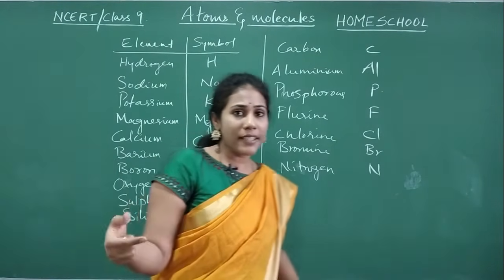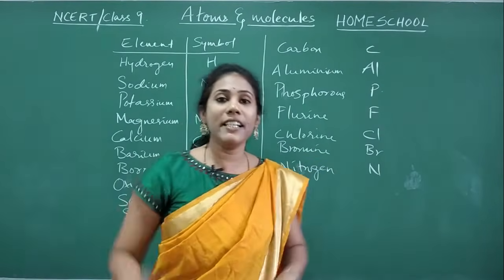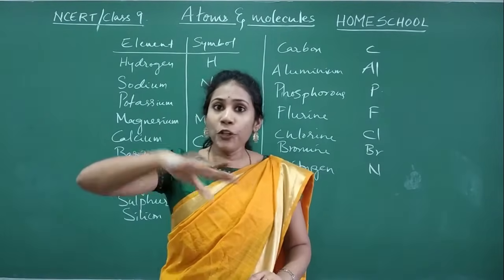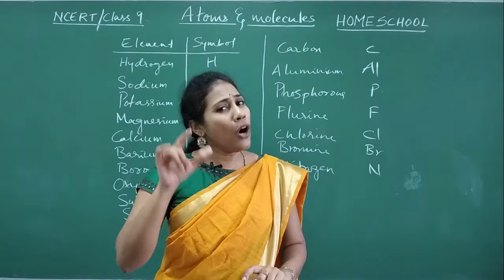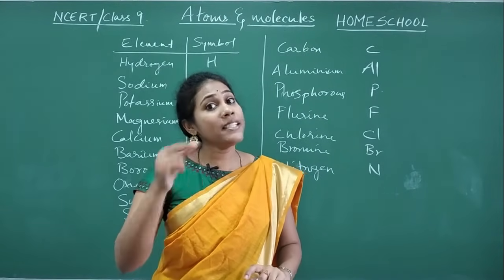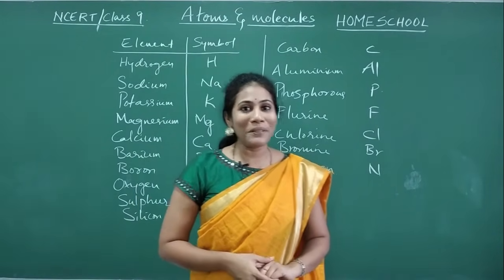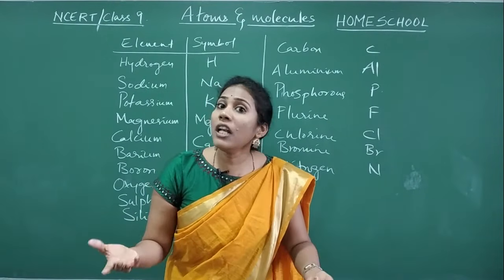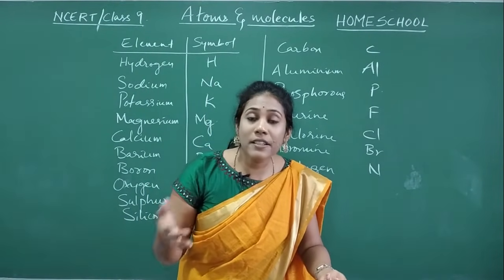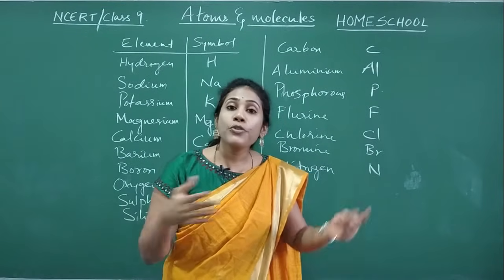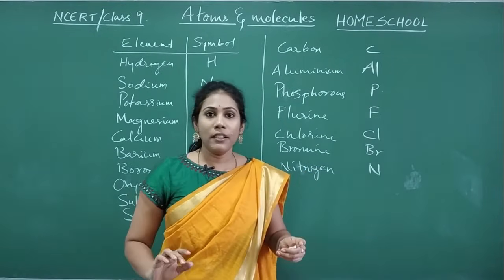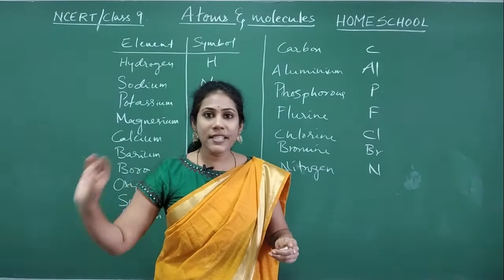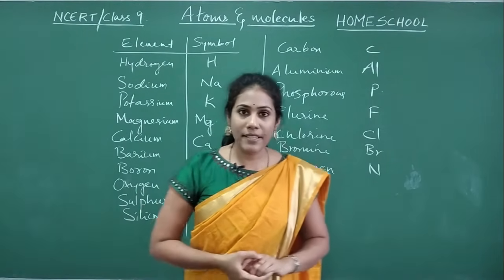How many elements are there right now? 118 elements. As you go to higher levels, all 118 elements' names and symbols you have to remember. And where do you find all 118 elements' names and symbols? The so-called periodic table. You will study about that in higher classes.